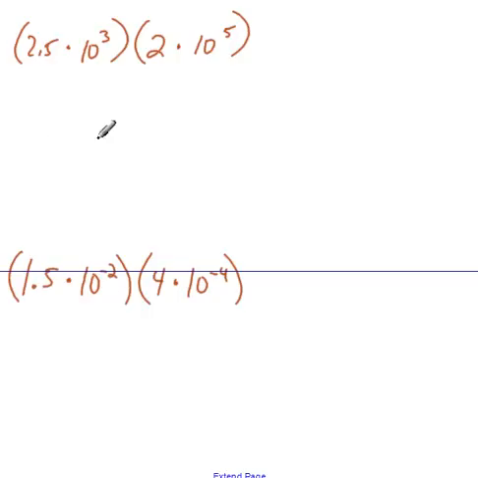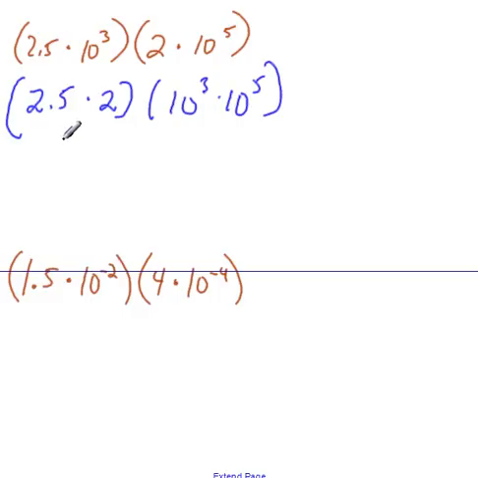All right, so let's look at some more multiplying like that. You don't need a calculator to do these, so we're just going to put the non-powers of 10 together. So that's 2 times 2.5, which is 5, and then I put my powers of 10 together. So this is 5 times 10 to the, add the exponents, 10 to the 8th.